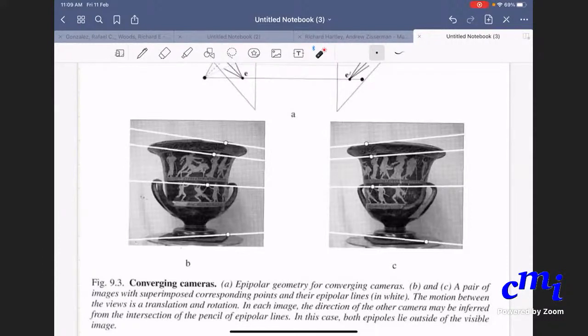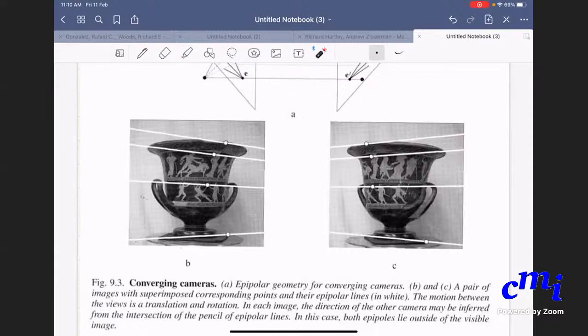Here they have only drawn it; we are not computing it here. They have only drawn the epipolar lines to tell us that this epipolar line, the first one, corresponds to this one, and on the object, that means this point corresponds to this point. They have done this computation, but only drawn the picture here. This one corresponds to this one, and so on.